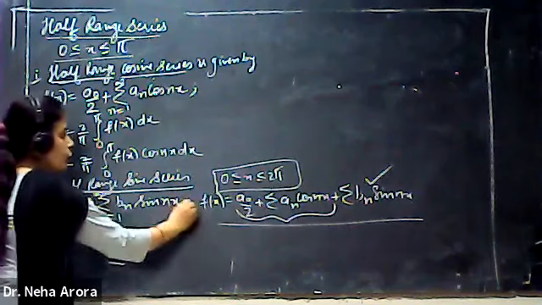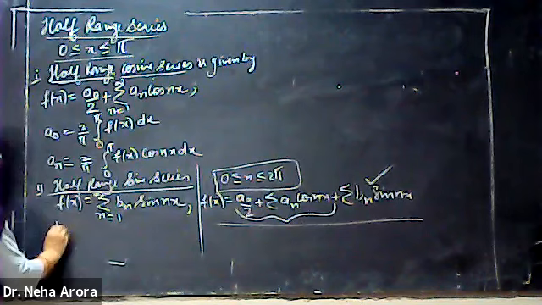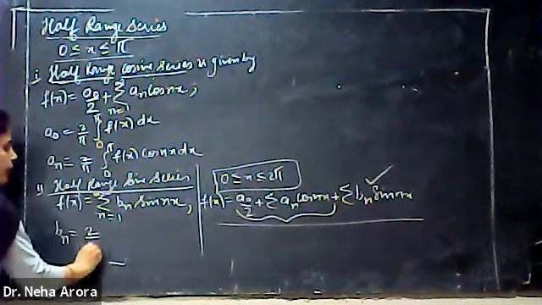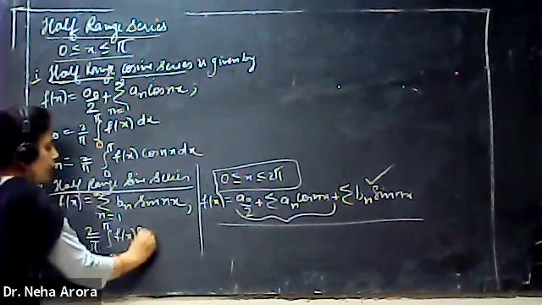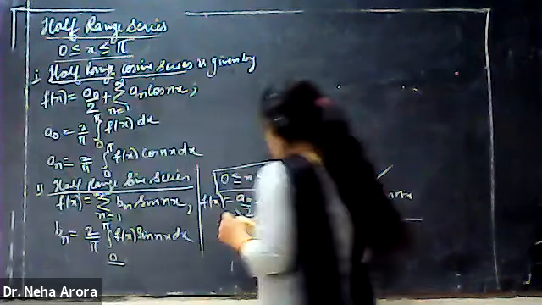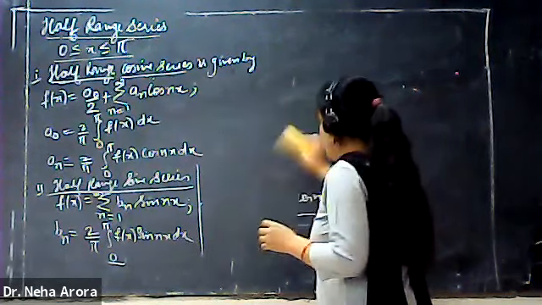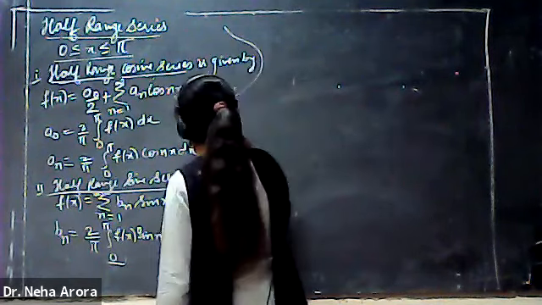That means we need to find only one value, b_n, where b_n is given by 2 by pi, integral 0 to pi, f(x) into sin nx dx.